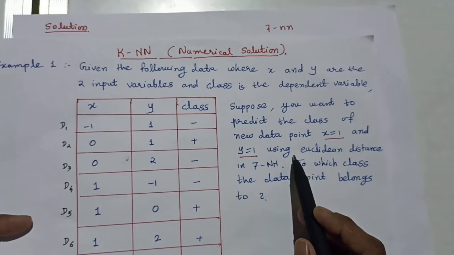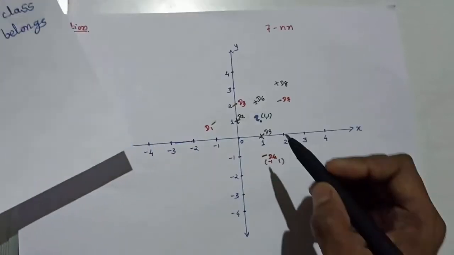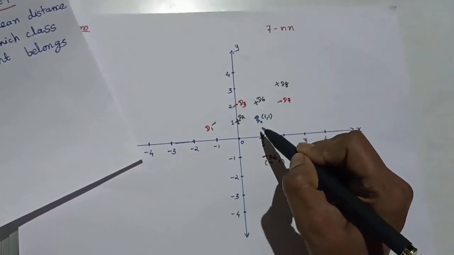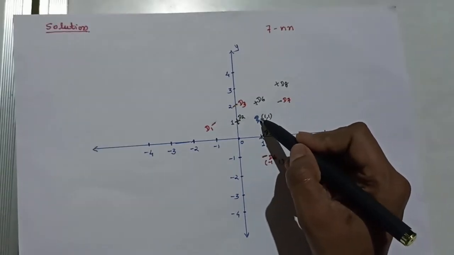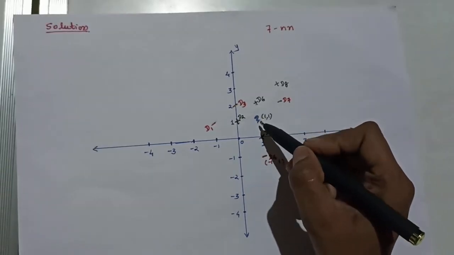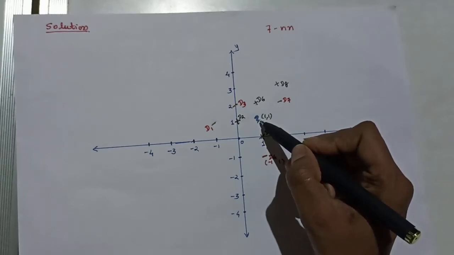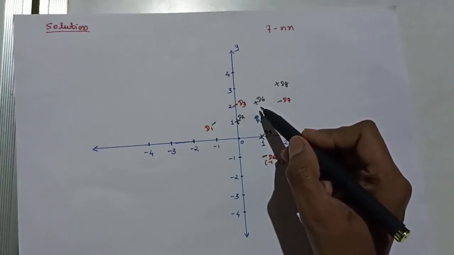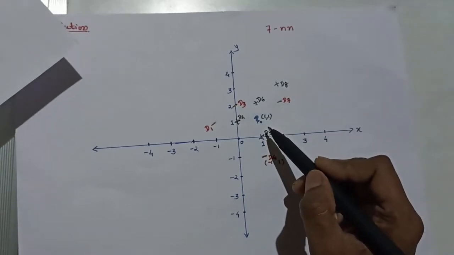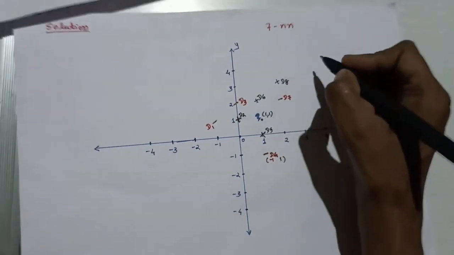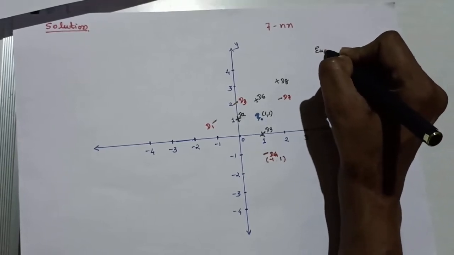For finding the neighbors, we find the distance between the test data point and all other data points, and a data point is nearest to the test data point if the distance is minimum. So for 7NN we have to find 7 nearest data points, and we are going to use the Euclidean distance method.